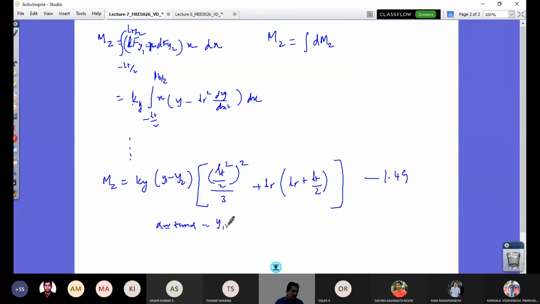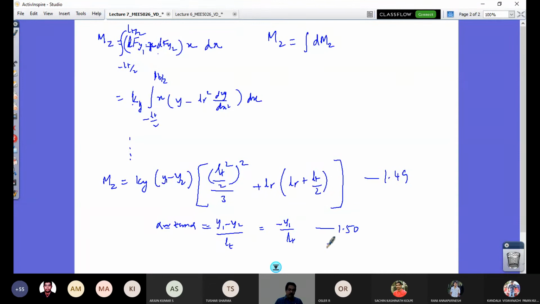And that's going to be (y1 minus y2) by LT, or on the other side, minus y1 by LR, right? So I can substitute. Let us call this equation 1.50.